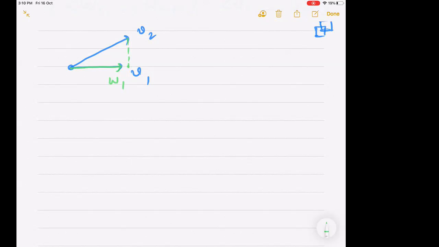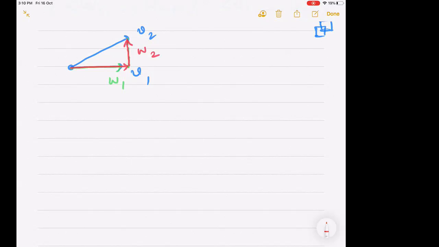And what is that projection? That projection is this one. And then I will take the difference, and this I will call w2, and it will turn out to be orthogonal to w1. That's the beauty. The difference between the original vector and its projection will always be orthogonal.